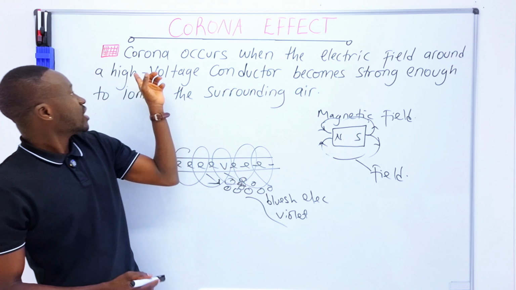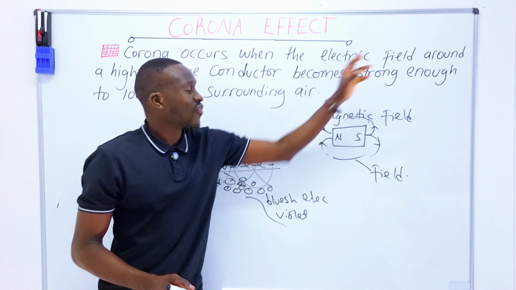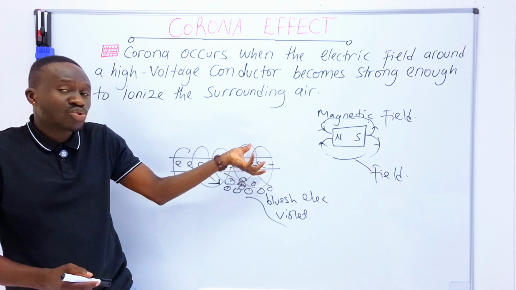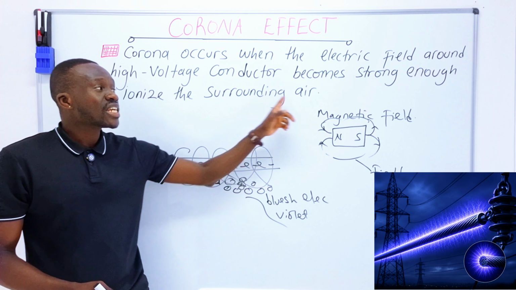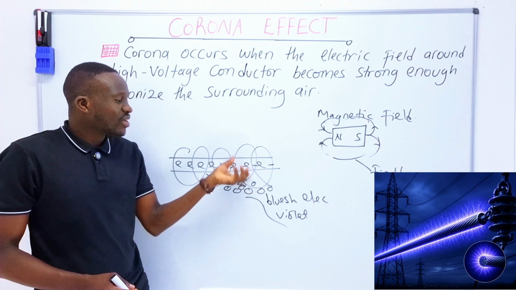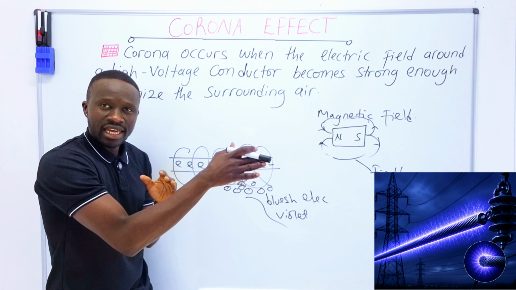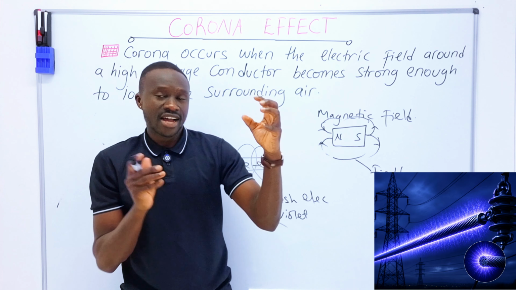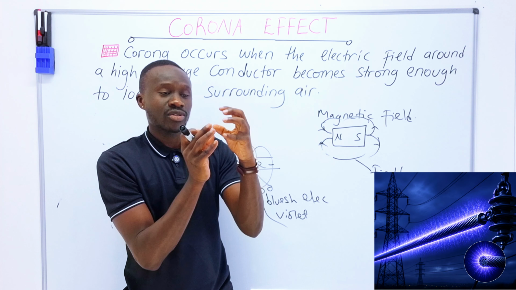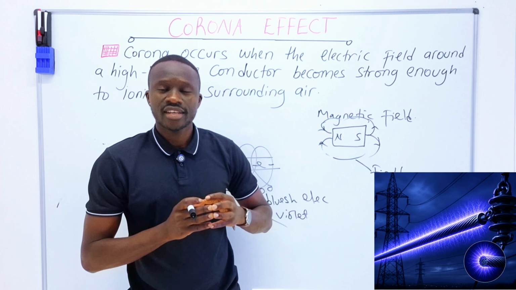Once this electric field becomes very strong, it ionizes the surrounding air. Once it ionizes the surrounding air, the collision between air and this strong electric field makes the corona effect.